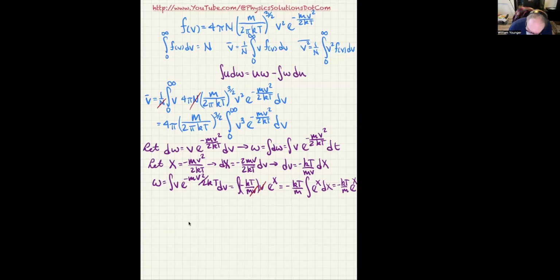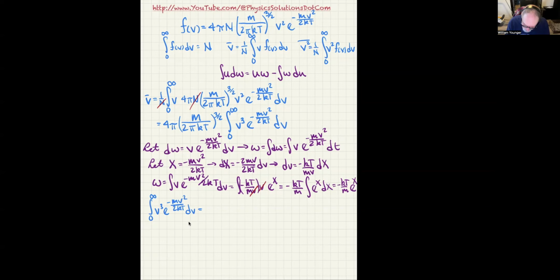Now I can go ahead and continue using my integration by parts by seeing the integral from 0 to infinity of v cubed e to the negative mv squared over 2kt dv. I haven't yet chosen my u, so I need to do that.